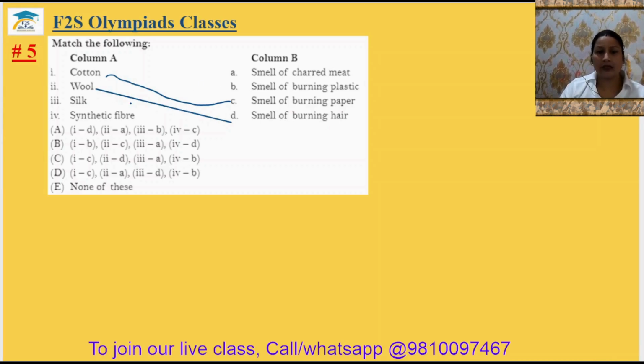Silk smells like charred meat. It is obtained from the silkworm. And synthetic fiber smells like plastic. So the answer will be 1C, 2D, 3A, and 4B. Option C will be the correct answer. Question number 5, option C.